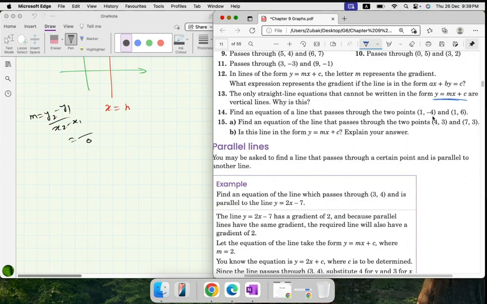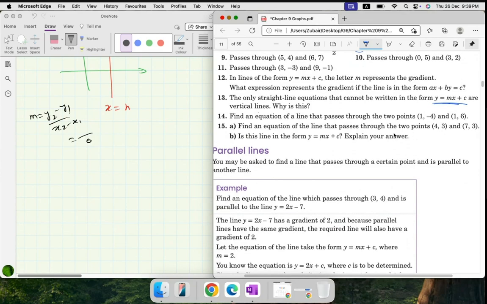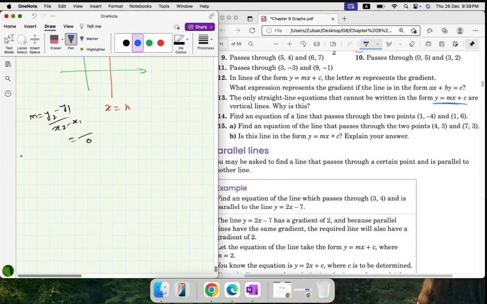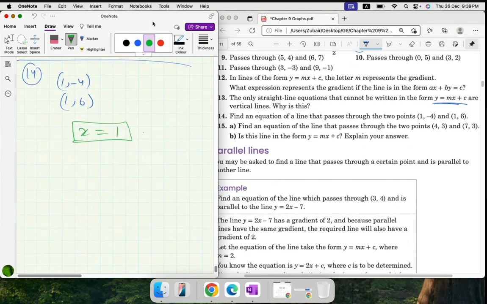See, 1 comma minus 4 and 1 comma 6. When x is not changing, the equation is x is equal to 1. Any doubt? No, sir. Look at 15.